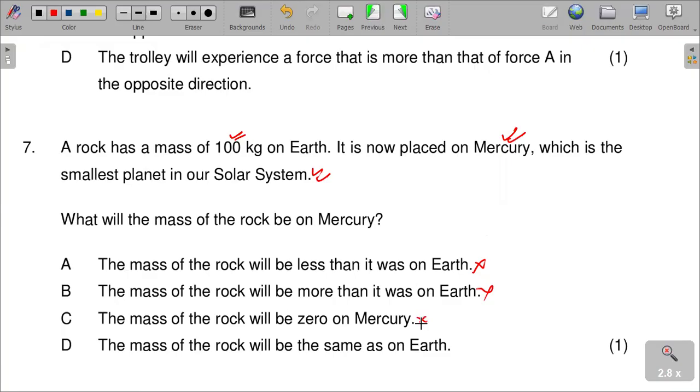The mass of the rock will be the same as on Earth, which means the answer is D. It is now on Mercury, the smallest planet in the solar system. The mass of the rock will be the same. You understand?